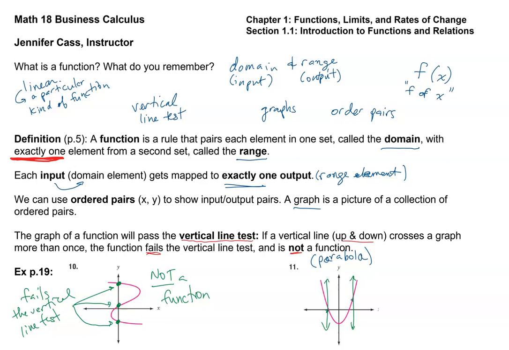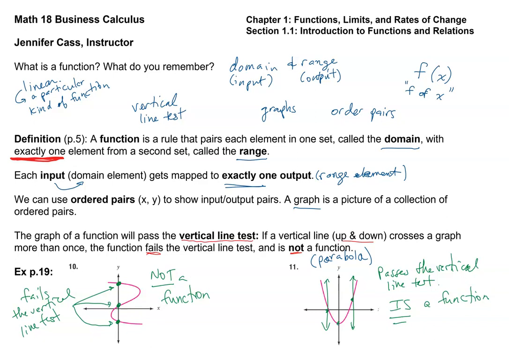Each vertical line crosses at just one point. So this one passes the vertical line test. And this is a function. All right, so that's our basic introduction, this vertical line test, thinking visually.